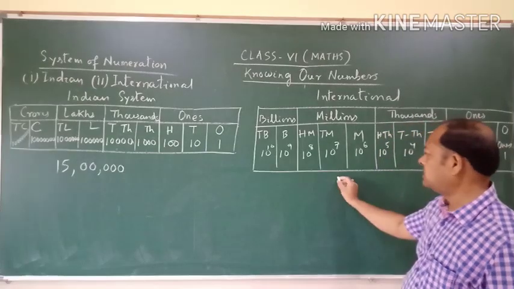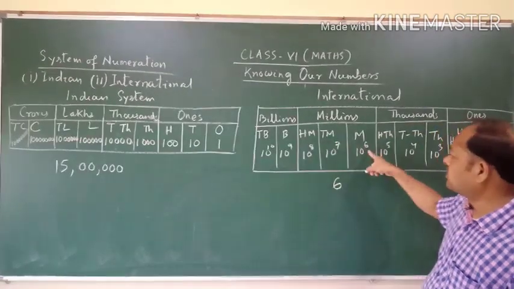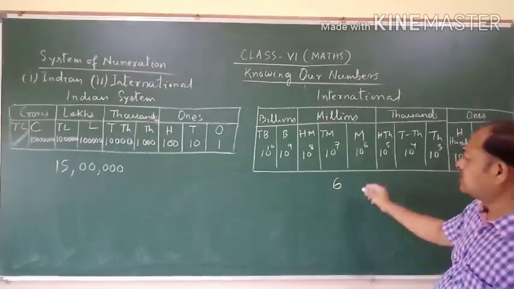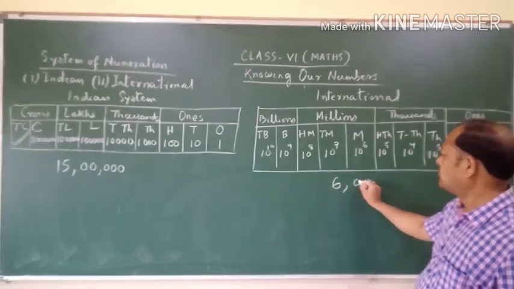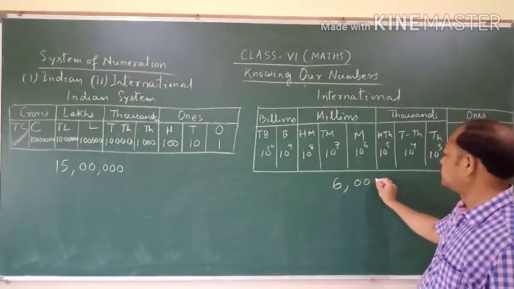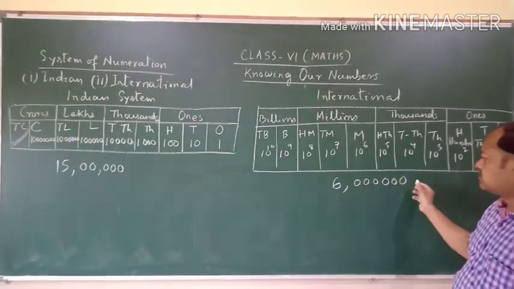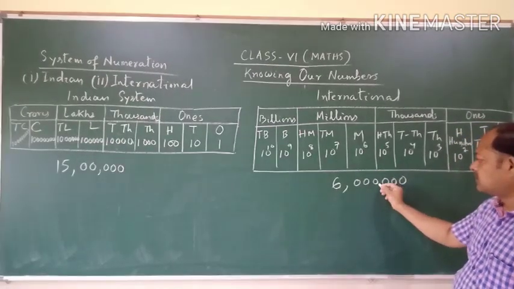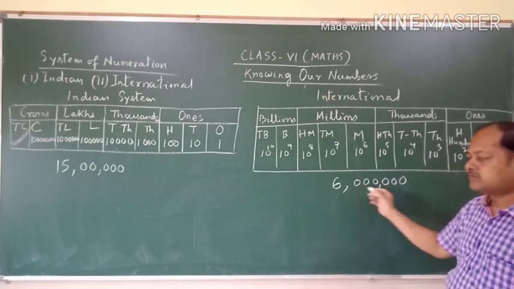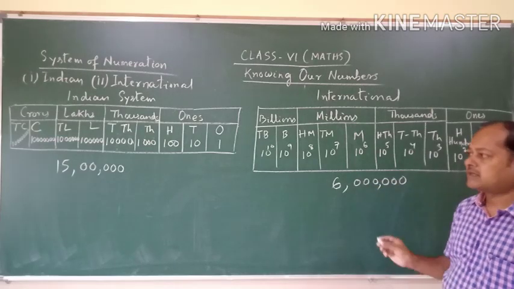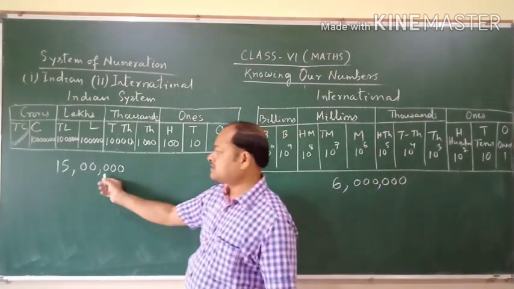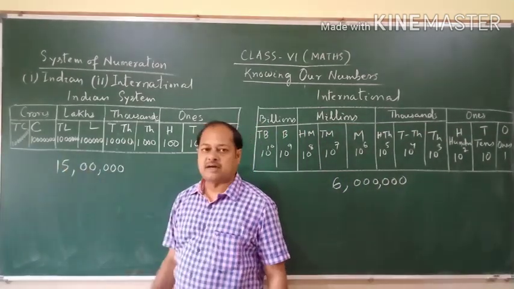For example, I am writing 6 million. You see how many zeros are there? 6 zeros are there. So for 6 million, first you write the zeros: 1, 2, 3, 4, 5, 6. According to the international system, after 3 places comes a comma, then after another 3 places, a comma. But in the Indian system, what happened? 3 places, then 2 places, like this, commas are there.